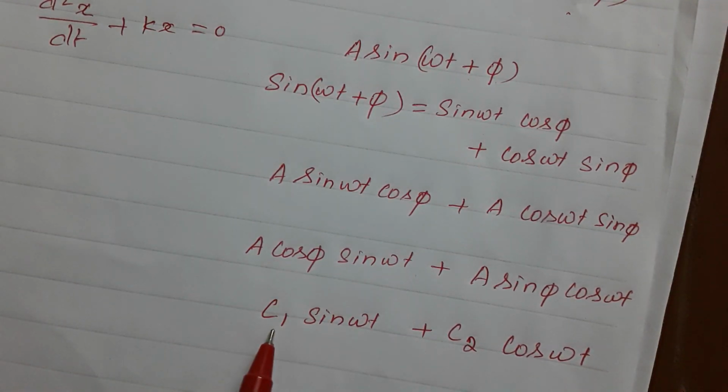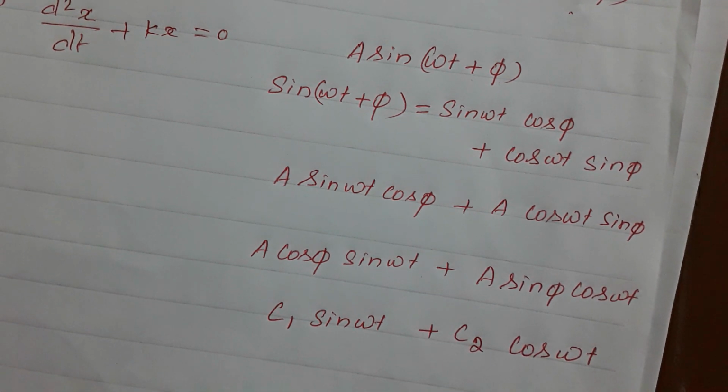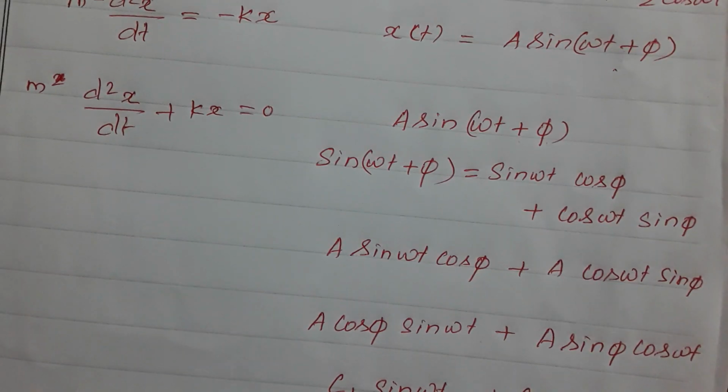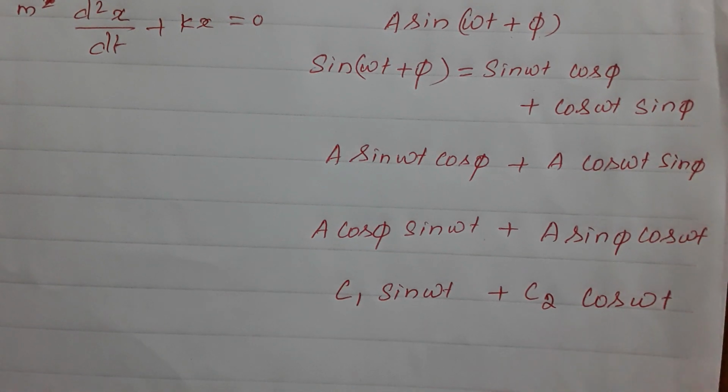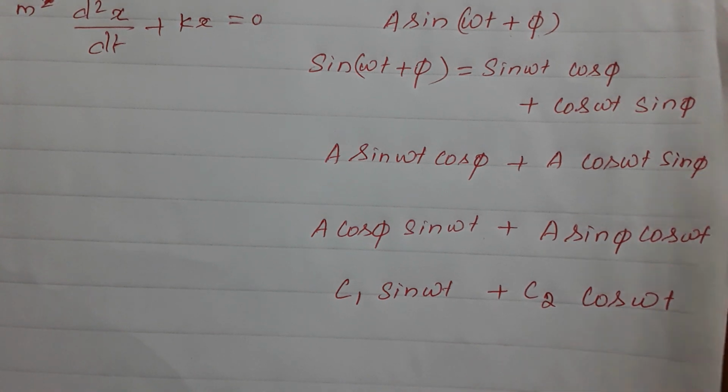A cos phi we take as c1 and a sin phi as c2. So this is a general equation, and we get its solution as c1 sin omega t plus c2 cos omega t.